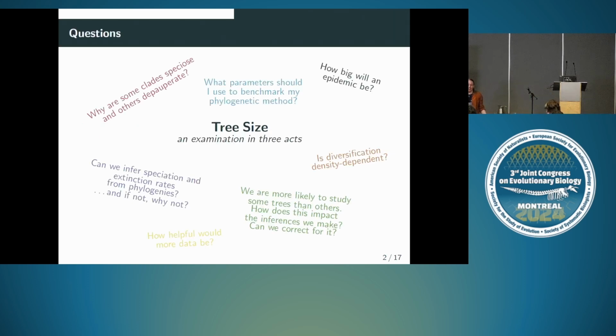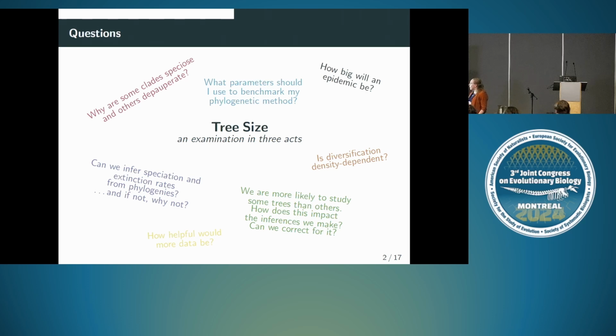So, tree size. This is a really central quantity to how we think about biodiversity. Whether or not we use it very often in that way differs, but I wanted to put up here a set of questions that fundamentally depend on tree size. So everything from why is a clade speciose, to why is a clade depauperate, or is it even speciose to begin with, that fundamentally depends on our expectation for how big a clade should be.